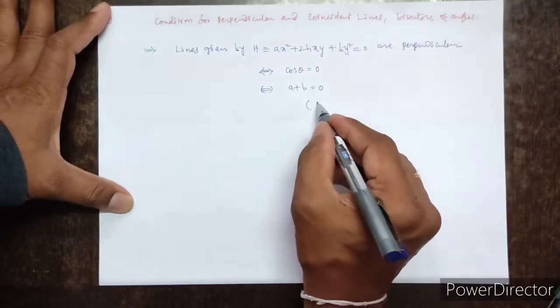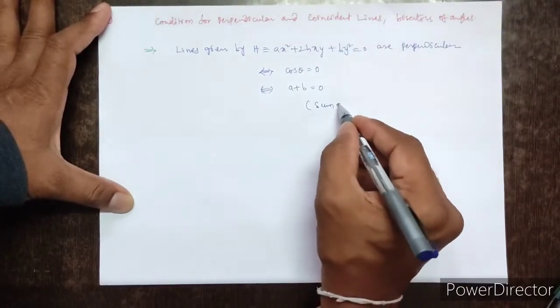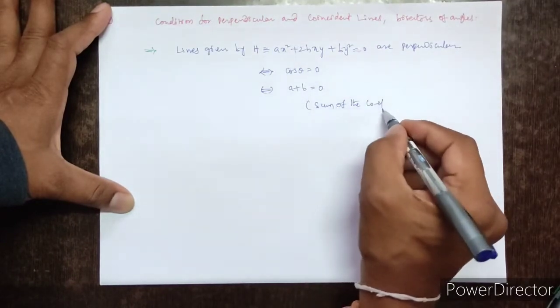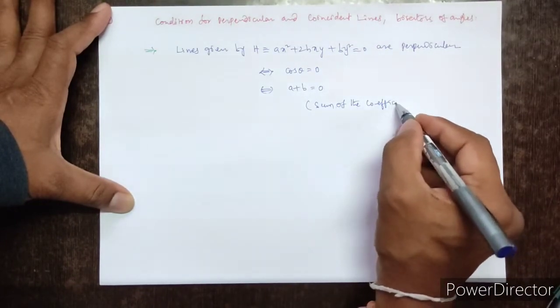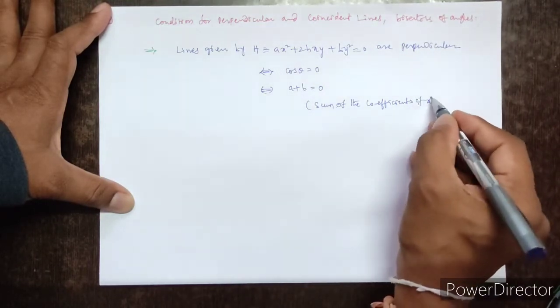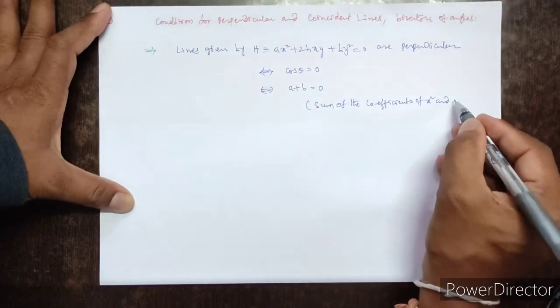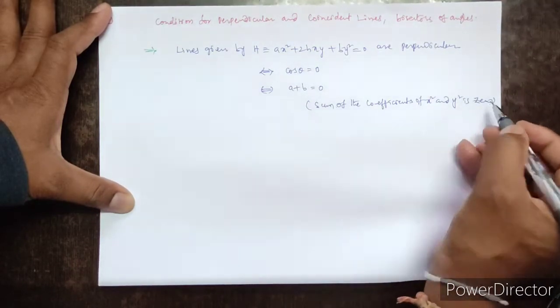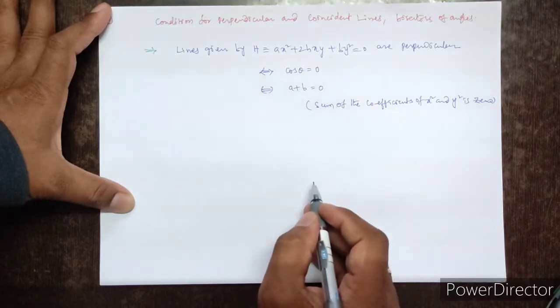That means if the sum of the coefficients of x square and y square is 0, then the lines are perpendicular.